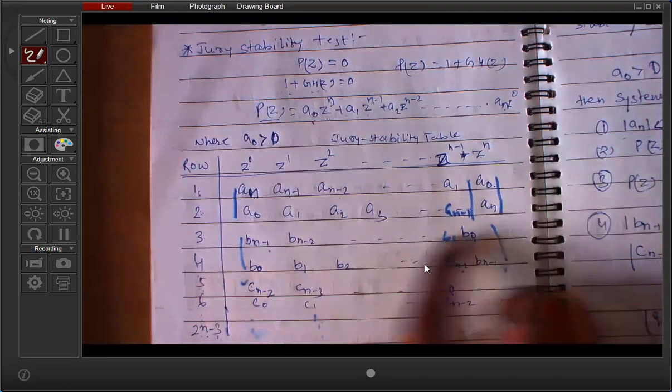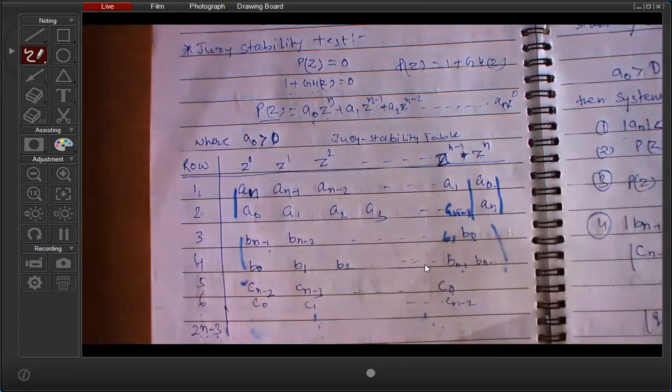In this way we write down the coefficients of row 3, and then just reverse the elements of row 3 and write them in row number 4.